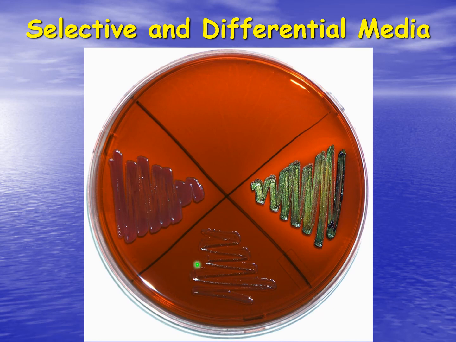This is a gram negative, but we inoculated a gram positive here, and you can see there's absolutely no growth. So this is selective because it selected against the gram positive. It only allowed the gram negative bacteria to grow, but each different type of gram negative looks different from each other.